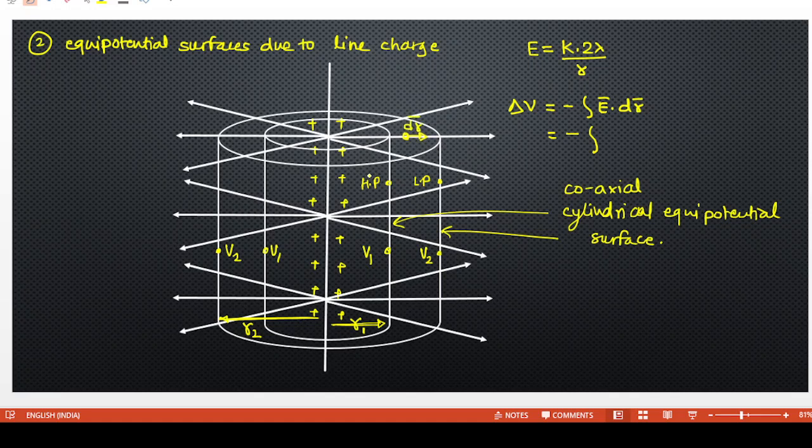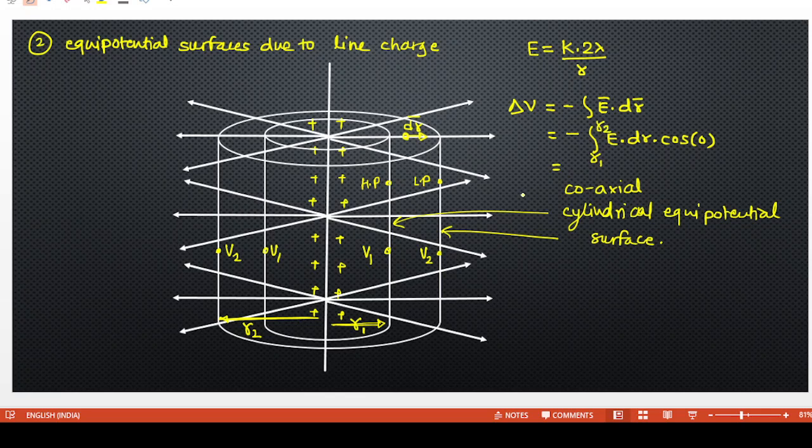So E bar dot dr bar is equal to magnitude of electric field into magnitude of displacement into cos of angle between them. Because both of them are in the same direction, I can take it as cos 0. Let's say initially I am at distance r1 and finally I am going to be at distance r2.